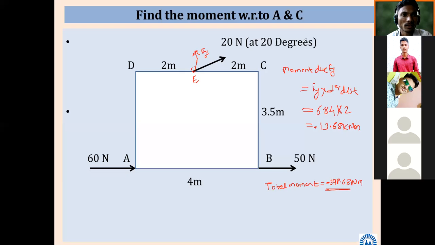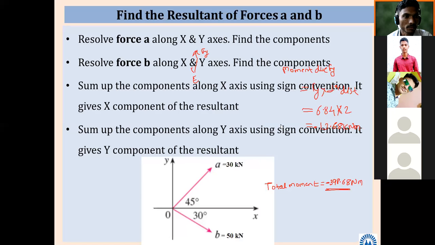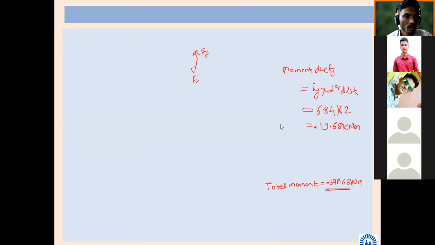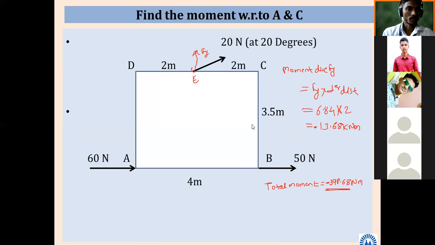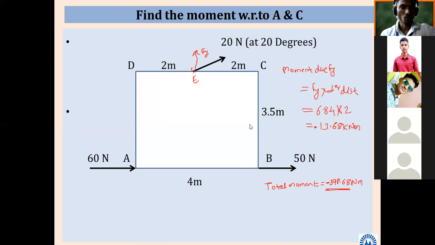So simple problem is there. Let me check whether some problem is there next to take. So this is over. This one is also over. So same problem. So will you calculate now at which point I will take for this?